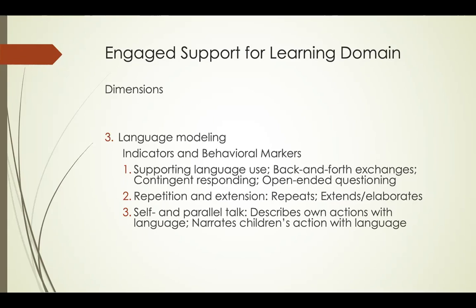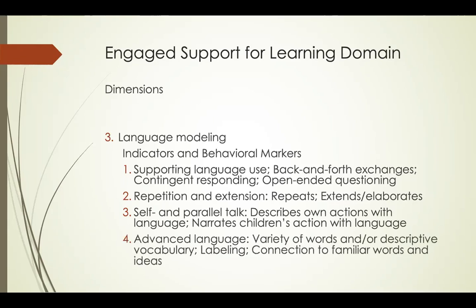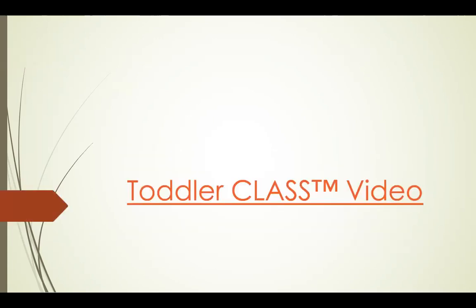So it's just essentially being a narrator and describing what's happening in the classroom and what you are doing. Advanced language, we definitely want to hear, because children are listening and they're learning from you. So we want you to be labeling things in the classroom, labeling their behavior and everything. And that is the end of the dimension.